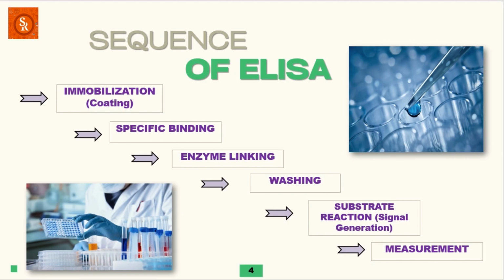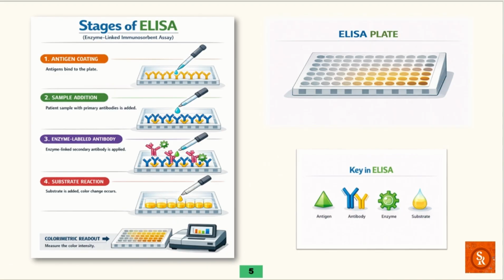In order to remove them, we use the procedure called washing. After washing, we add the substrate for signal generation. This substrate reacts with the enzymes. These enzymes turn the substrate from a colorless compound into a colored compound, and the color is measured using the microplate reader.